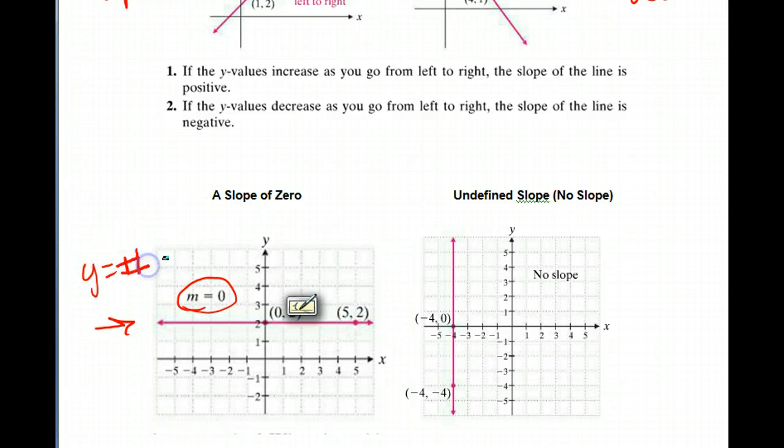When you have the m equals a number over 0 as your answer, that is the undefined slope. We also say that it has no slope. That is the vertical line. Those are associated with equations such as x equals a number, okay?